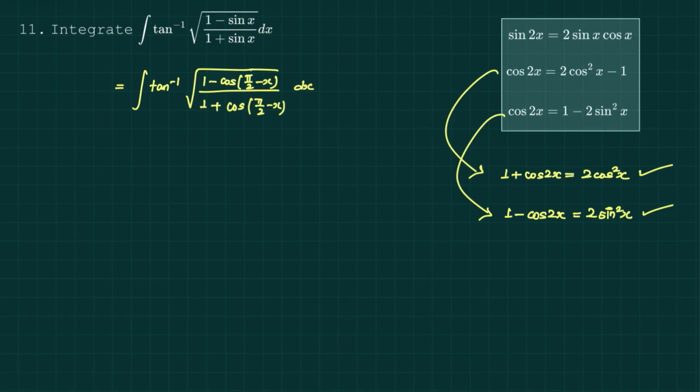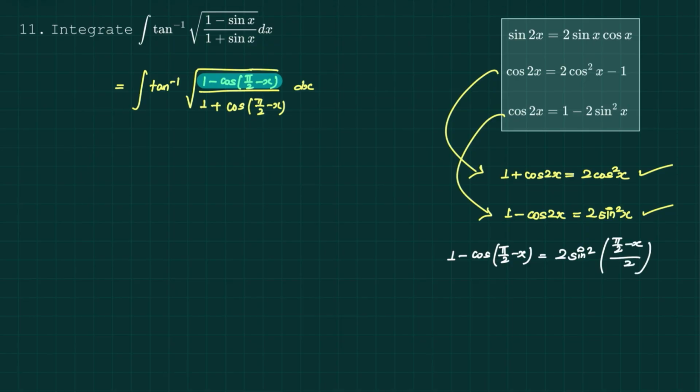Here inside the square root, I can see that there is 1 minus cos of x. So this is in the form of 1 minus cos 2x. If I have to write the value of 1 minus cos of (pi by 2 minus x), then it will be 2 sine square of (pi by 2 minus x) whole divided by 2.